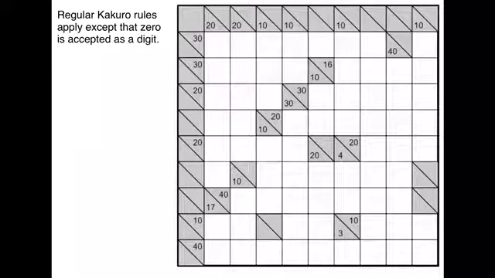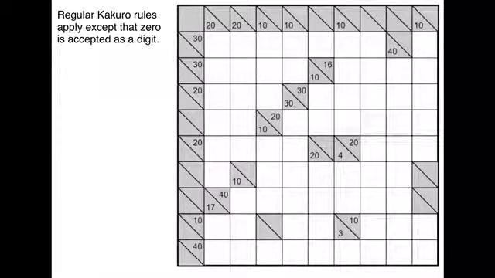And let's get solving. Well, I think that what I will notice first is that in some cases it is necessary that 0 does not appear. Well, for example, this 10 clue must have 2 non-zero digits.